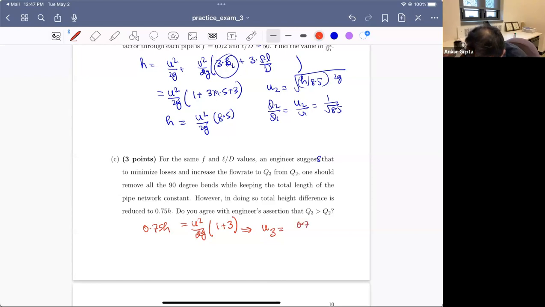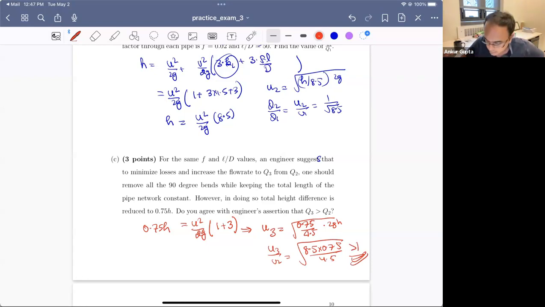So 0.75 by 4.5 square root of 2GH essentially. So U3 by U2, we should divide by that. So it's basically 8.5 into 0.75 by 4.5 square root. So it is greater than 1. So you should see an increase in flow rate because this is greater than 1.